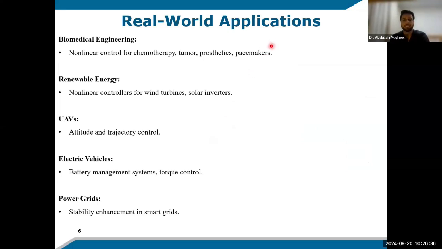If we talk about the real world applications of these nonlinear systems and nonlinear control techniques, nonlinear controls are being used in biomedical engineering. Nonlinear control is used for chemotherapy, tumor solutions, prosthetics, and pacemakers. In renewable energy, nonlinear controls are used for controlling wind turbines, solar inverters, fuel cells, generators, hybrid energy systems, and so on.